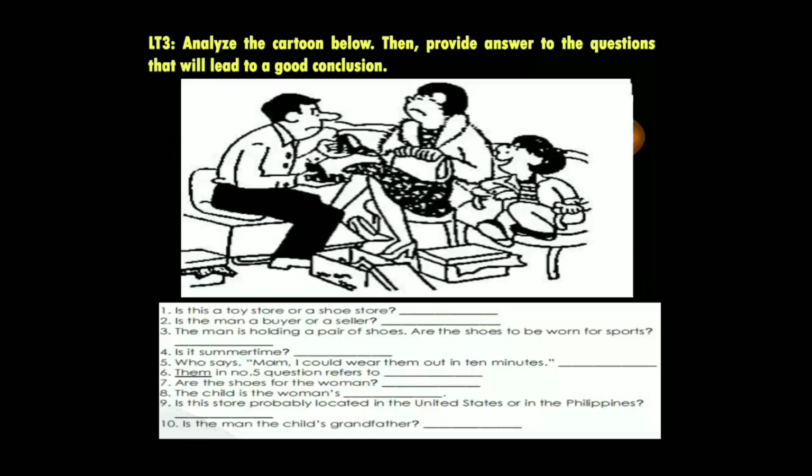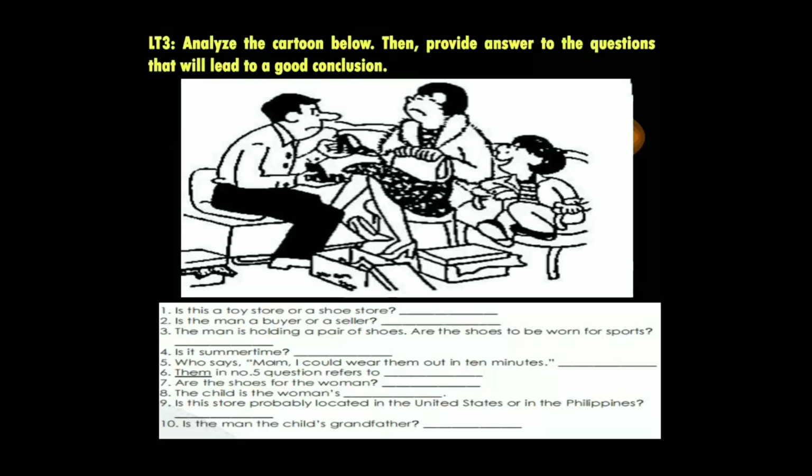Is this a toy store or a shoe store? Okay, we'll have another one. For number 2, is the man a buyer or a seller? Number 3, the man is holding a pair of shoes. Are the shoes to be worn for sports? Number 4, is it summertime? For number 4, you have to look at the clothes they wear. Number 5, who says, "Mom, I could wear them out in 10 minutes?"